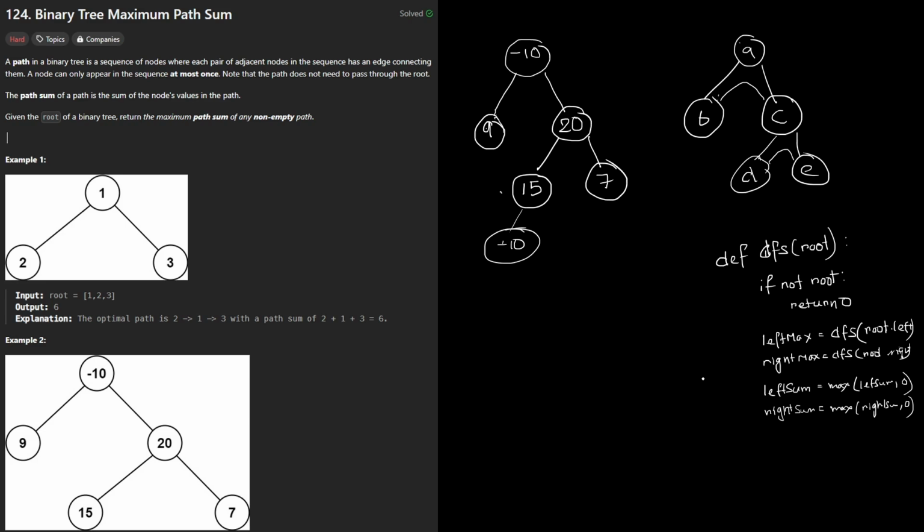Then we can take one more thing. So let us take this example. We are forming our root, or basically a path where we are including both left child and right child. In that case, it can happen only once in our total path sum. So let me create another variable called result, which is root dot val initially. Now I can check res of 0.